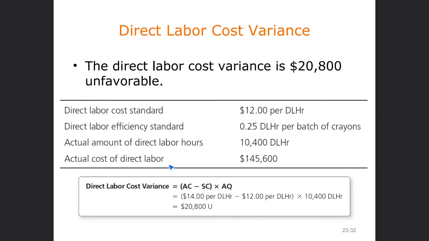The actual cost of direct labor was 145,600. So our direct labor cost variance is $14 per direct labor hour minus $12 per direct labor hour times the 10,400, and that gave us 20,800.